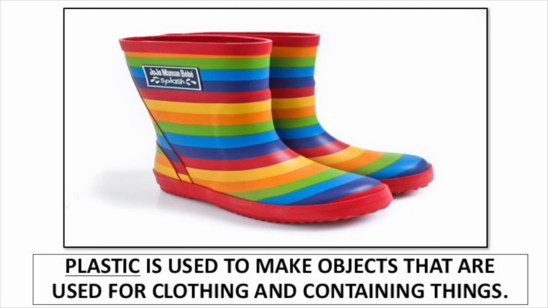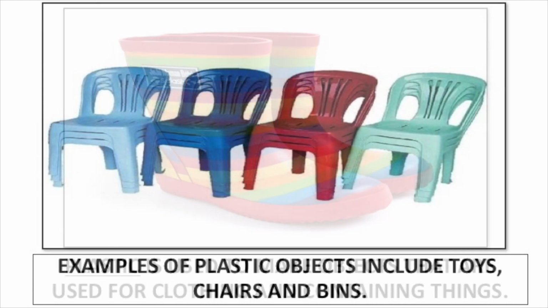Plastic is used to make objects that are used for clothing and containing things, particularly waterproof clothing. When it rains, we like to wear plastic objects because plastic is waterproof.